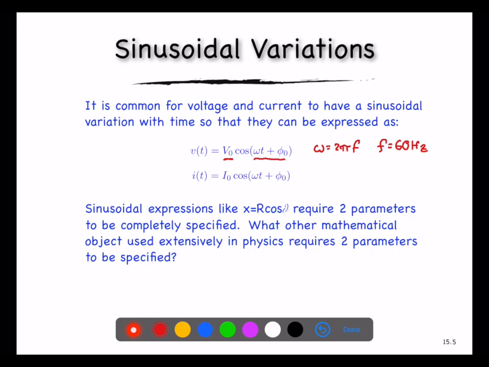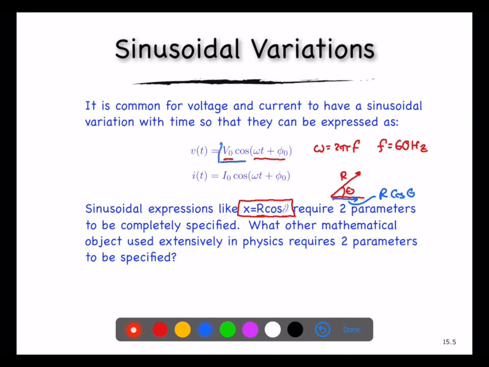And so if we need two quantities in order to express this, like r times cosine of an angle, this is just a simple expression for the x-coordinate of a vector in polar coordinates that has a magnitude of r and an angle of theta. Its x-coordinate is just r cosine theta.